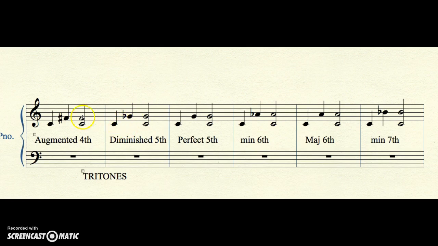Now the interesting thing about the augmented fourth and the diminished fifth is that they sound exactly the same, because the distance from a C to an F sharp and the distance from a C to a G flat is exactly the same. So let's listen to that now.